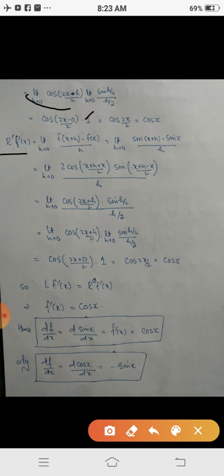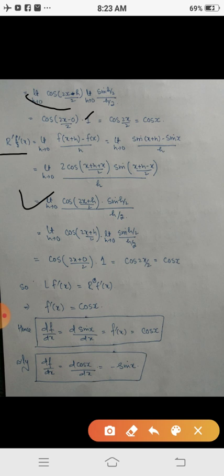Similarly, the right hand derivative, or f dash of x, is limit h tends to 0 f of x plus h minus f of x upon h, that is limit h tends to 0 sin(x plus h) minus sin x upon h. Now again using sin a minus sin b, which is twice cos of (a plus b) upon 2 into sin of (a minus b) upon 2, we simply get limit h tends to 0 2 cos of (2x plus h) upon 2 into sin h by 2 upon h by 2.